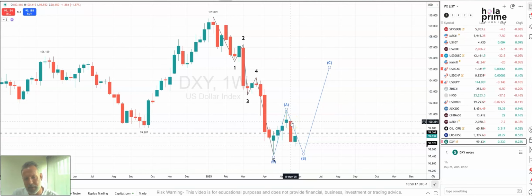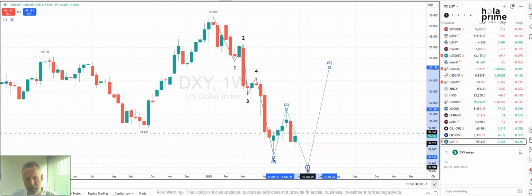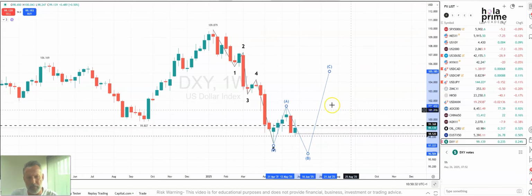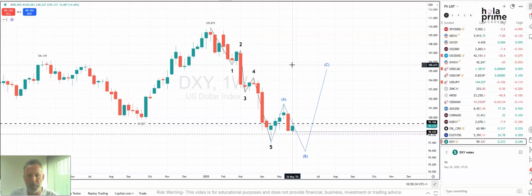What we did see last week was quite an aggressive move to the downside, and we can note that this week's rallies have been sold into. So there is scope to have a fifth wave extension. Elliott Wave is a little bit subjective. Just because we've got a 5-wave move to the downside does not mean that we won't see a spike lower.